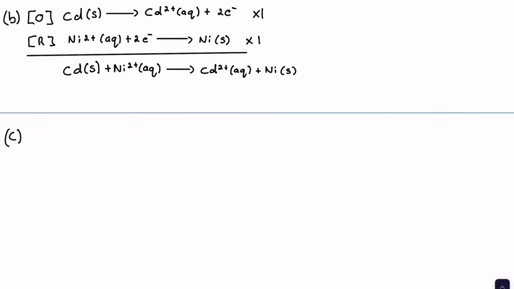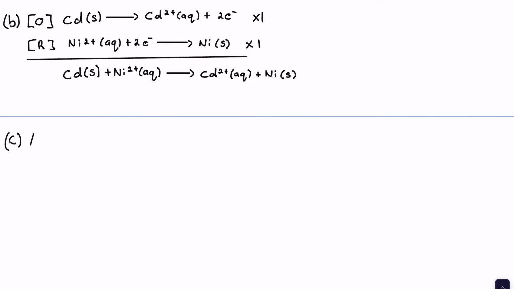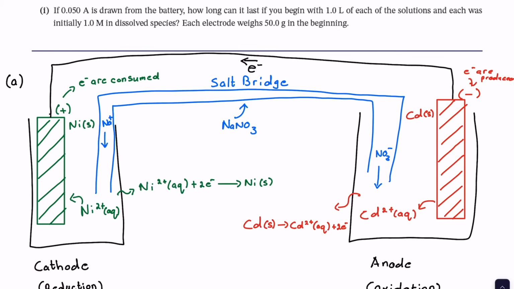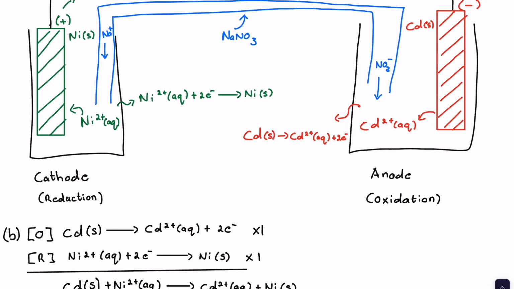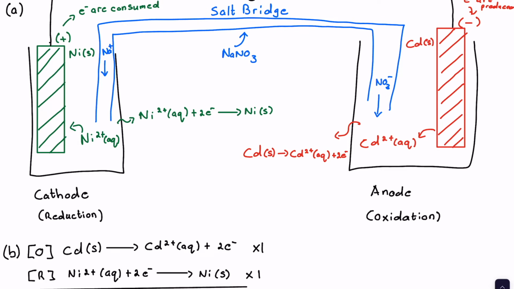All right, and we've actually already done that in our diagram. So let's just write it down again. Our anode is negative. And why? Because the anode is the place where electrons are being produced by the oxidation reaction that takes place at the anode. And if they're produced there, then that makes that electrode the negative electrode.